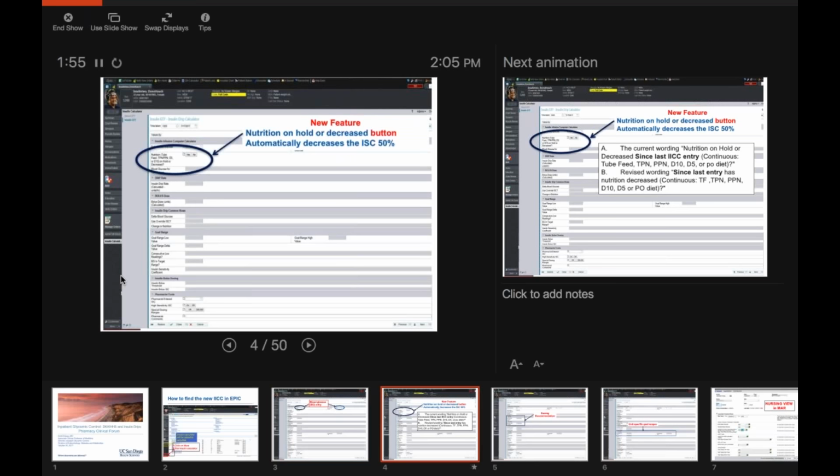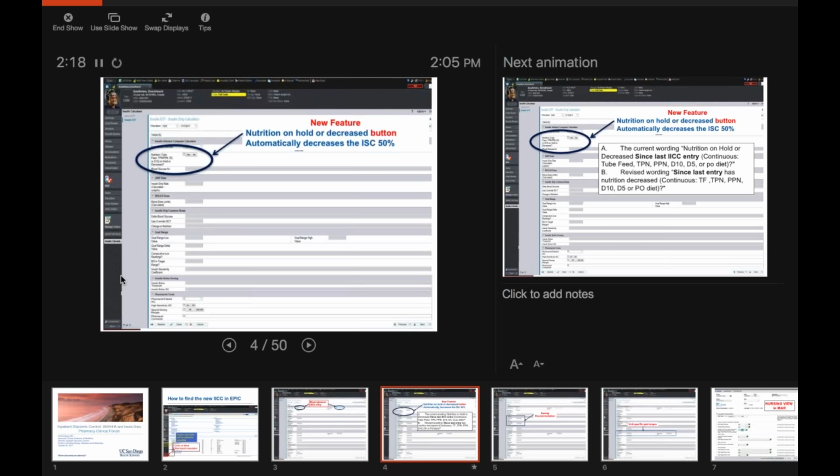This is a new feature where we are asking the nurse to please note if there has been a decrease in any form of dextrose since their last entry. I will repeat that. Has there been any decrease in any dextrose source since the last entry?